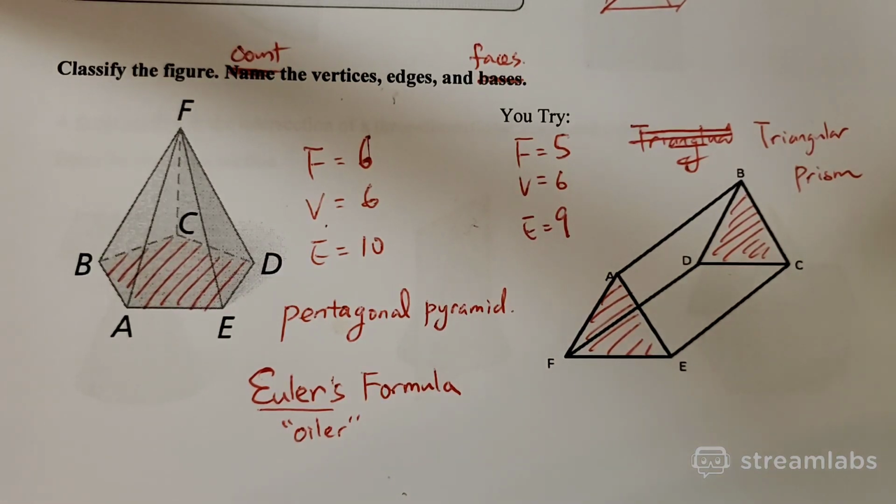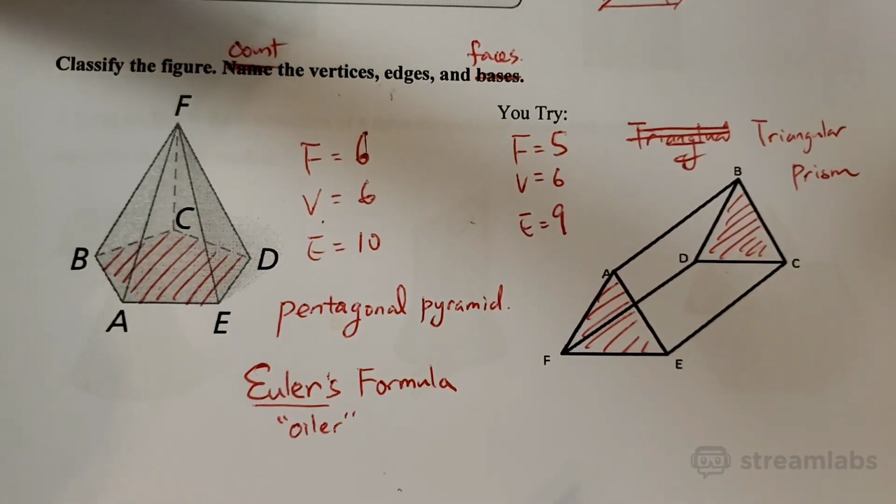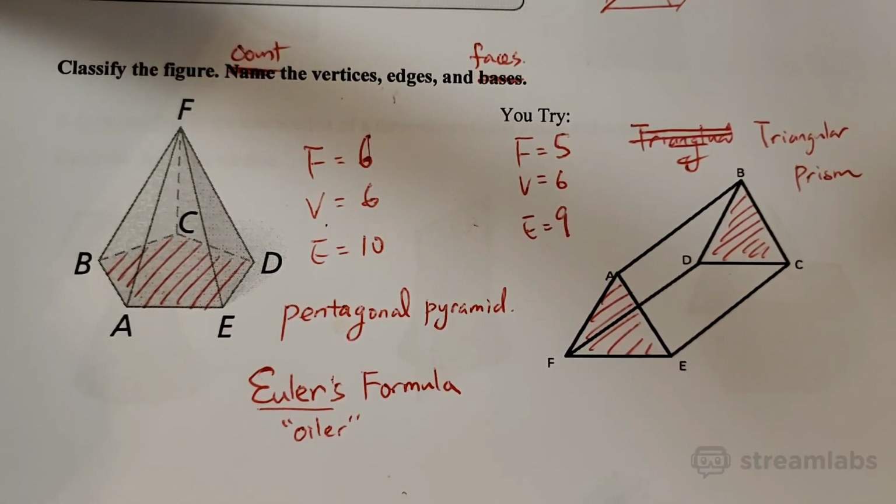You say it right, oh yeah, you're part of us. Got it? If you say it wrong, people stop listening to what you said. Exactly. Let me see what Euler is.